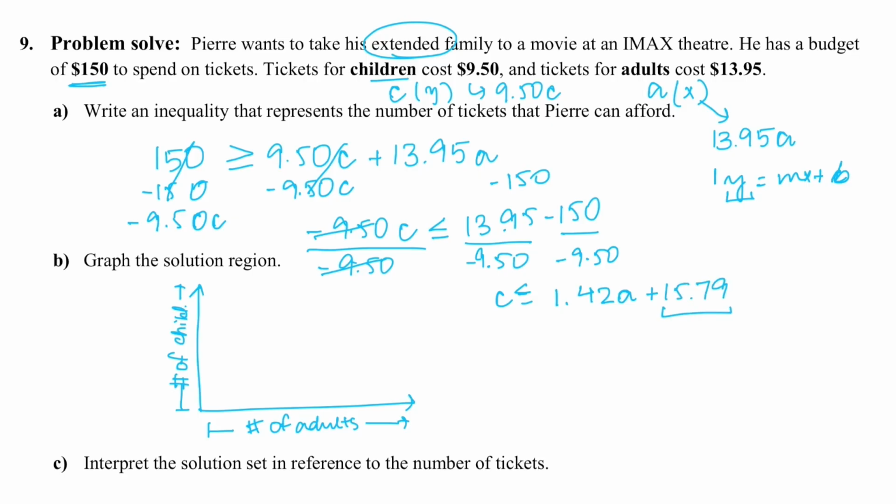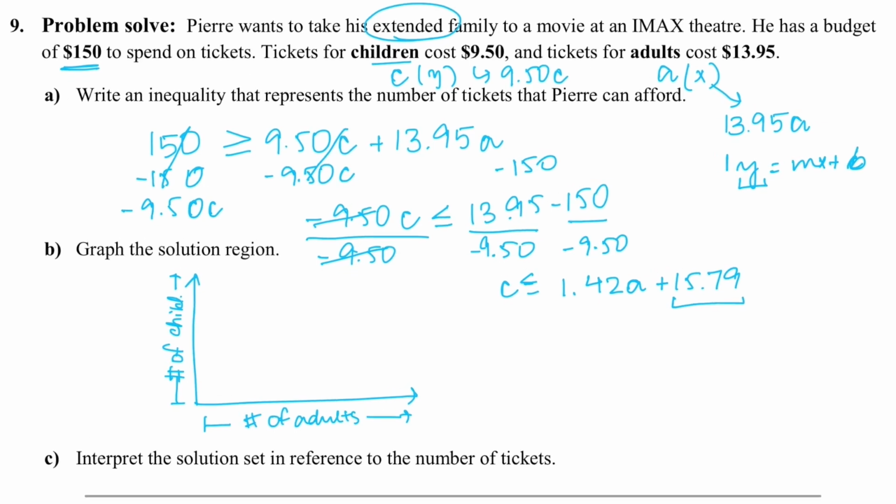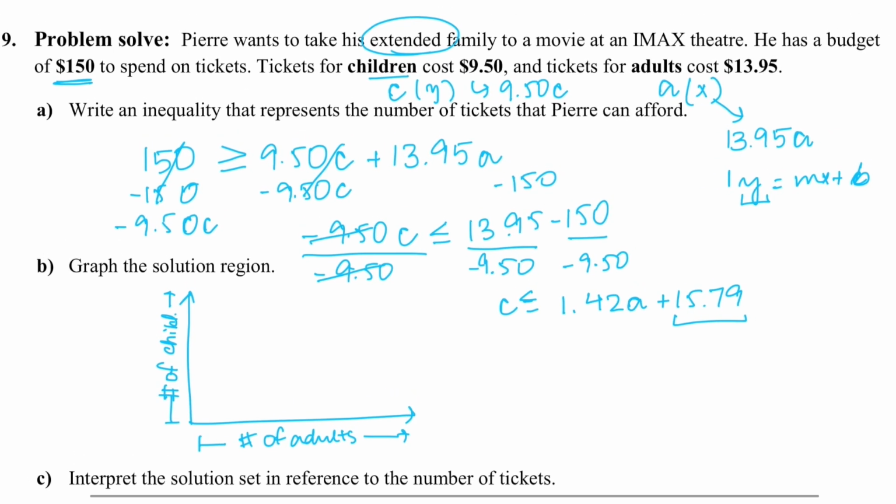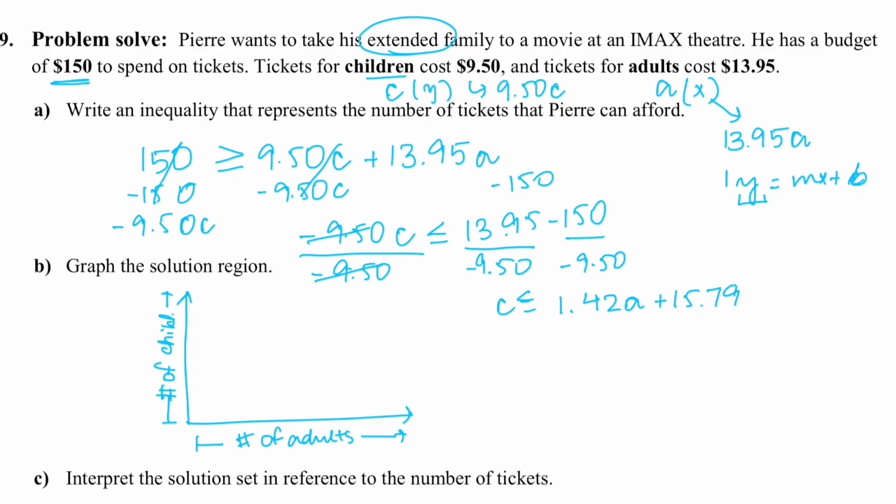So approximately they can take 15.79 kids, but because it's a decimal and you cannot take 0.79 kids with you, let's just round it, okay? Let's take C is less than or equal to 1A plus 16. So this will be your 16.